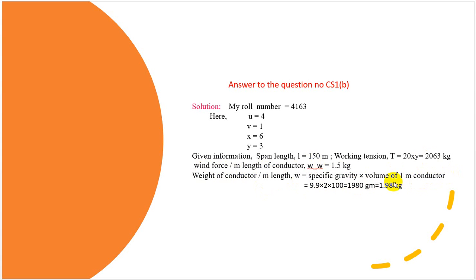It is the basic equation. I put the value of specific gravity from the question, 9.9, and volume of 1 meter conductor, 2 into 100. There I got 1980 gram, and if I convert it from gram to kg, I get 1.98 kg.